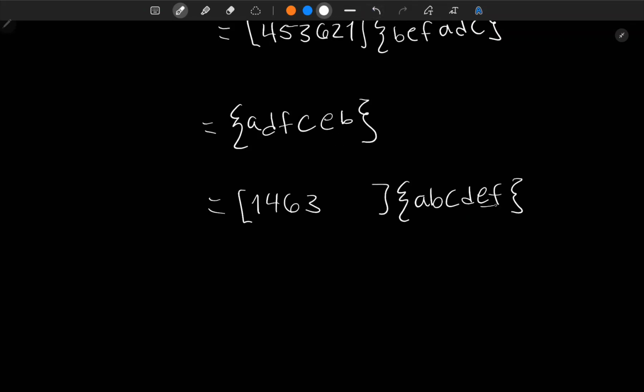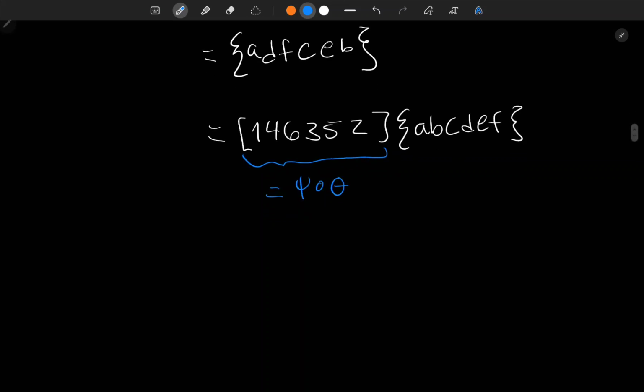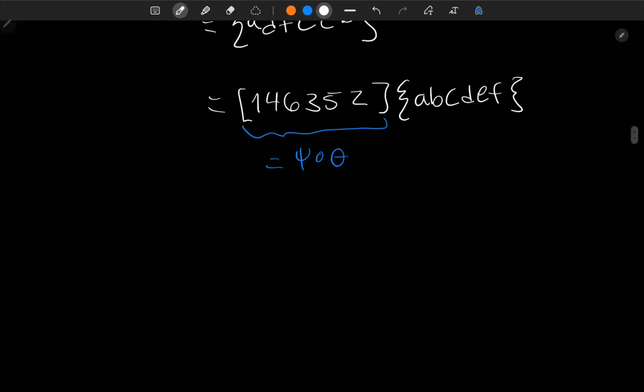E is the fifth position of the argument, so that's 5. And at the very end, we have B. B is the second element of the argument, so it becomes 2. So 1, 4, 6, 3, 5, 2, this thing here is equal to psi composed with theta. And the way that you can do this without having to act on some element A, B, C, D, E, F is the following.